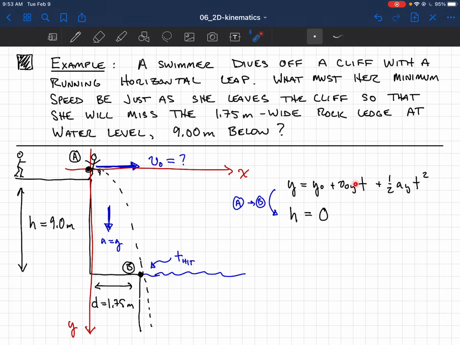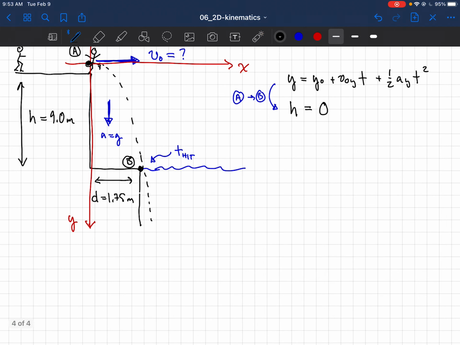What is my initial velocity in the y direction? What's the y component of my initial velocity vector? Well, you can see it here. This is a horizontal vector, so it has a 0 y component. But let's be explicit about it. Pretend we don't see that. And let's just draw our vector on our chosen coordinate system. So here's our v0 vector. This number is called the x component of that velocity vector, and we can say that that x component is just equal to the magnitude of the vector.